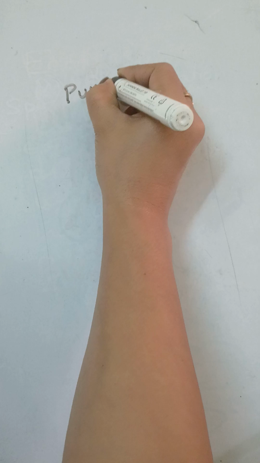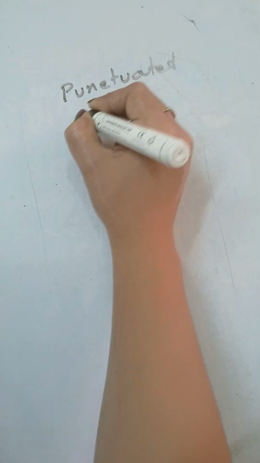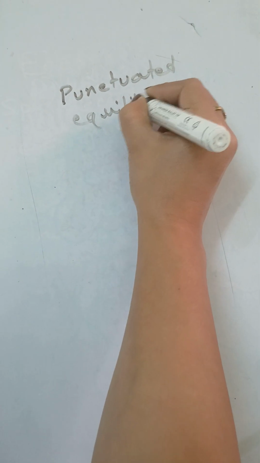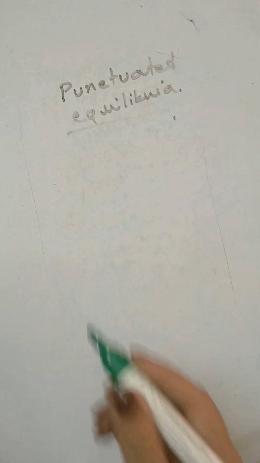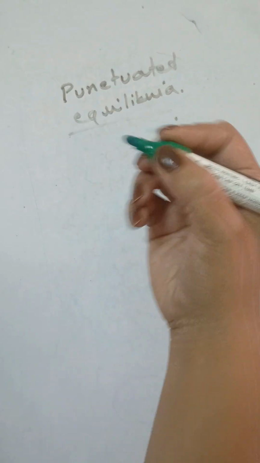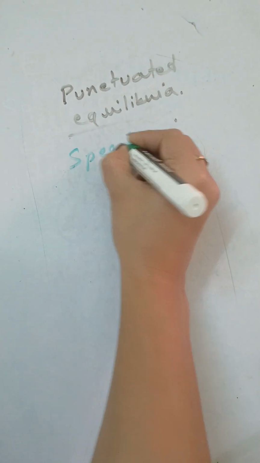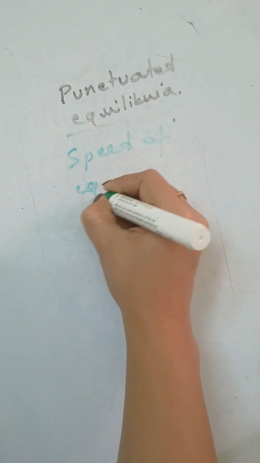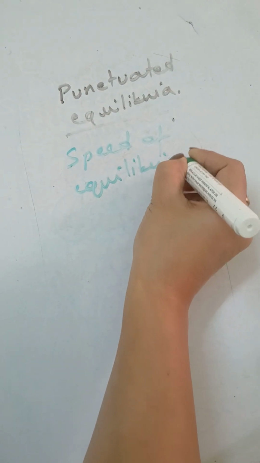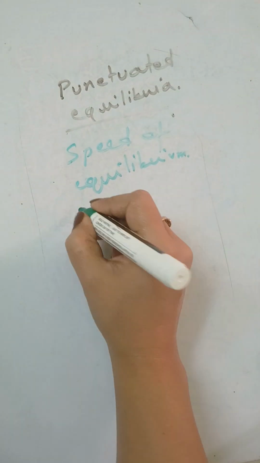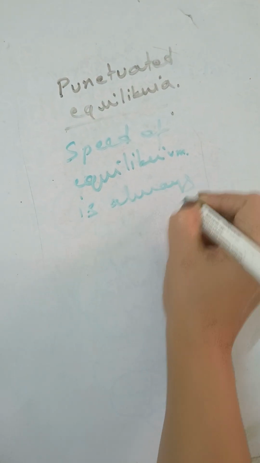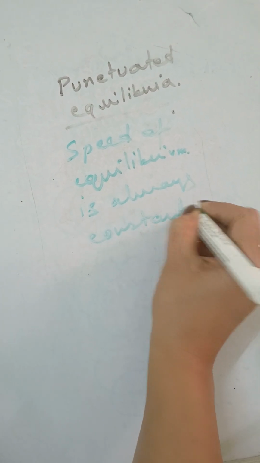Okay, and there is another thing in the ecotype model, a term which is known as punctuated equilibria. Punctuated equilibria, that is the thing that after fossil record studies, it shows that the speed of equilibrium is not always constant in a population.